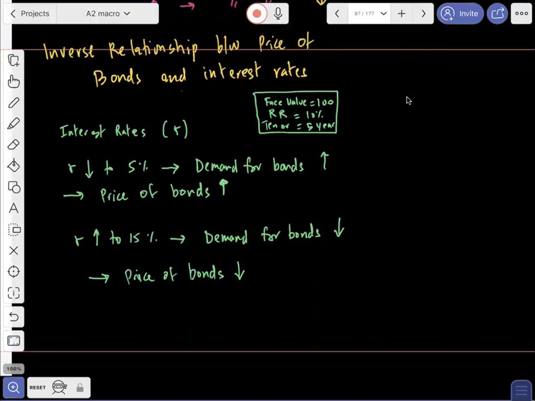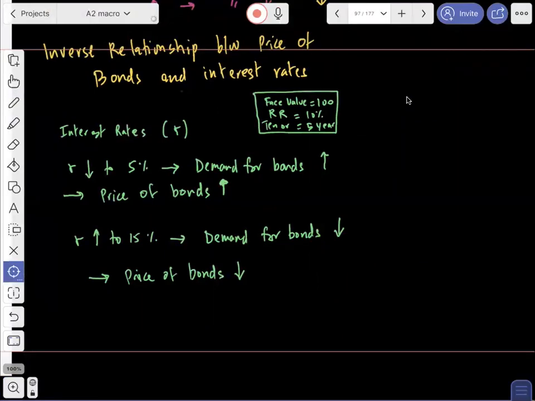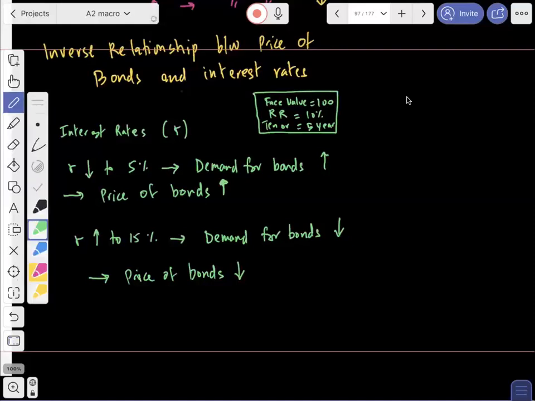Okay. So now let's look at another part, because after this part we can talk about the speculator. Remember, a speculator is somebody who has a different kind of structure. A speculator buys low and sells high.